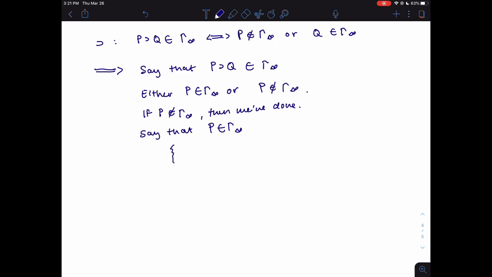And we know that if P then Q is in gamma infinity, that's what we assumed up here. And we also know that P is a member of gamma infinity. That's what we assumed down here. So we have a set that contains if P then Q and P. And from that, it's going to be pretty easy to derive Q. Here's how, right? If our assumptions are if P then Q, and then we also have an assumption P, then we can derive Q through a simple application of conditional elimination.